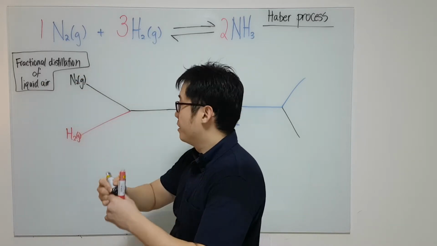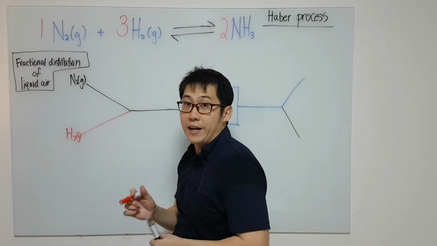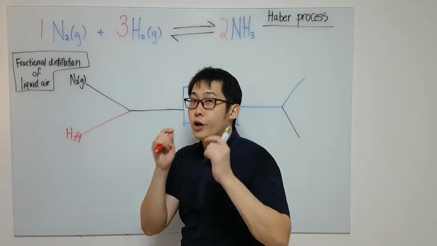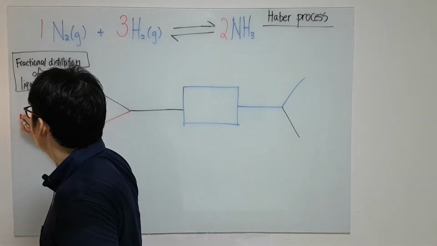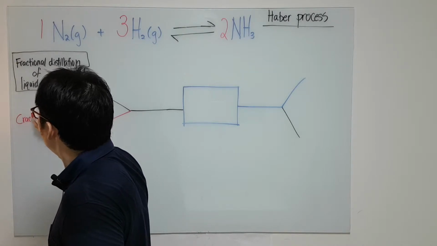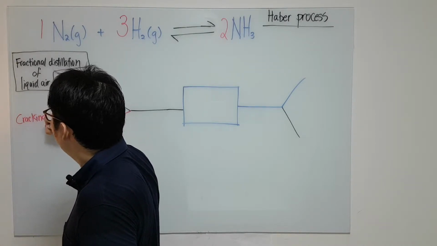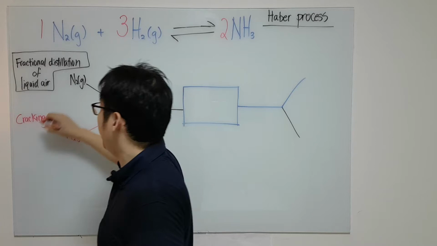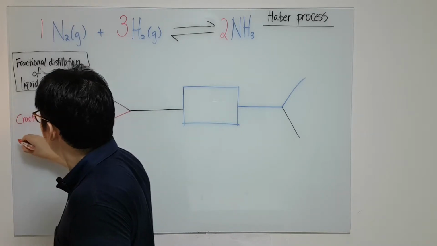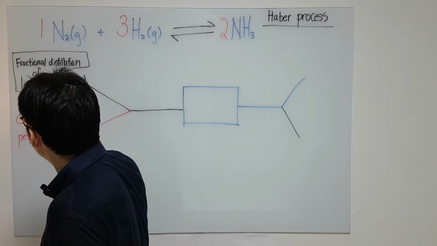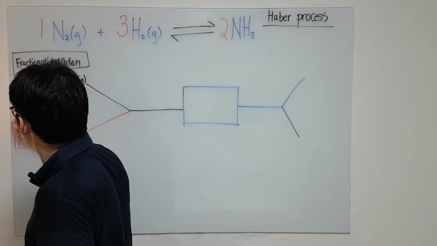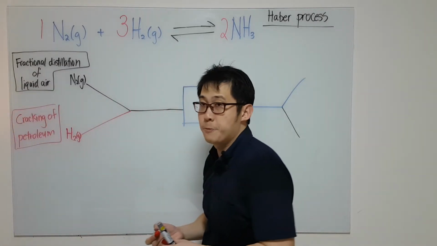Now, to obtain your hydrogen is by a process called cracking, which you will learn in later chapters. By letting petroleum undergo this process called cracking, that will produce your hydrogen gas.